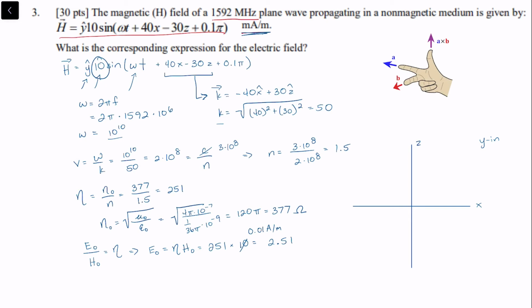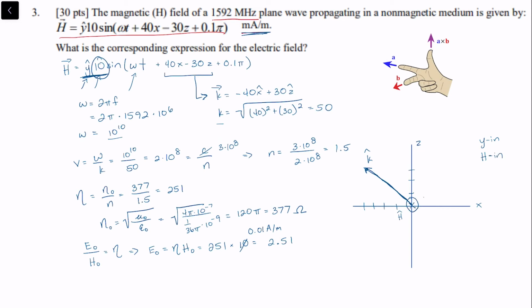The k direction is given by negative 40x and positive 30z. So our k direction looks like this. We also know the direction of the magnetic field. We know that the magnetic field magnitude is 10 in the y hat direction. This means that H, the magnetic field, is also going into the page.